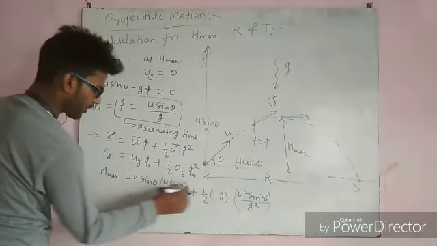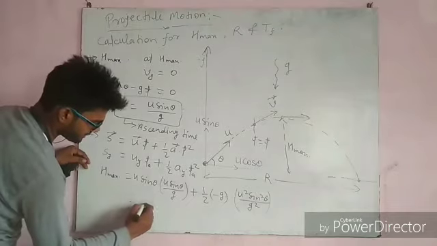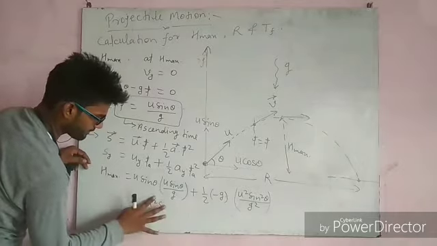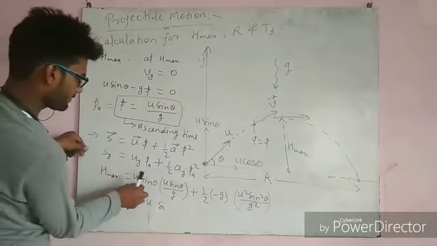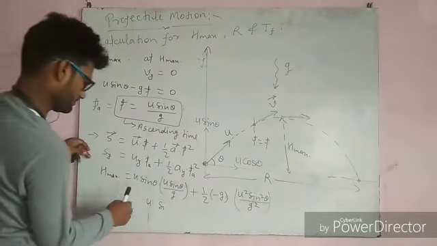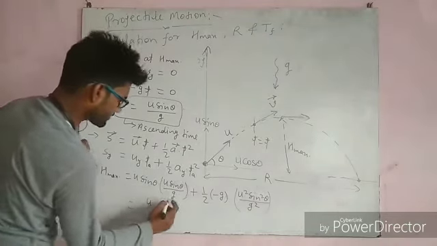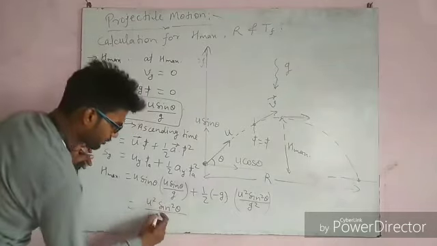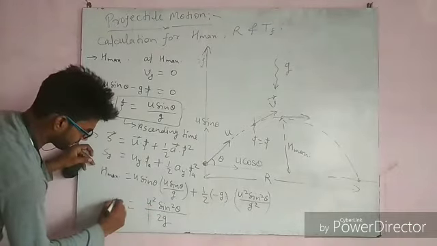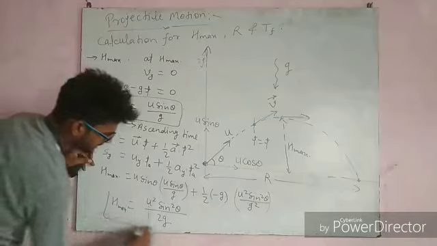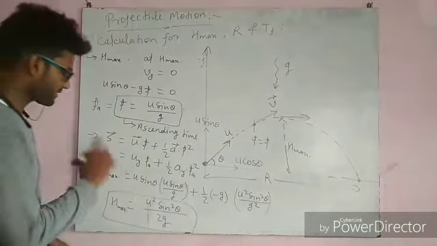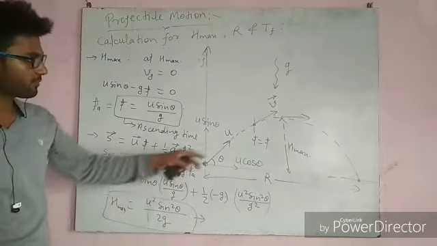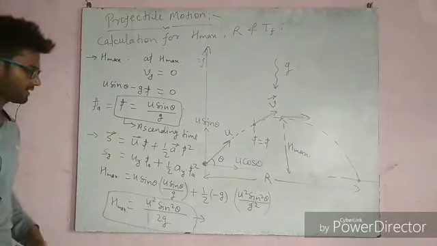After solving this equation we get u square sin square theta divided by 2g. So this is the formula for the maximum height reached by the projectile, right?